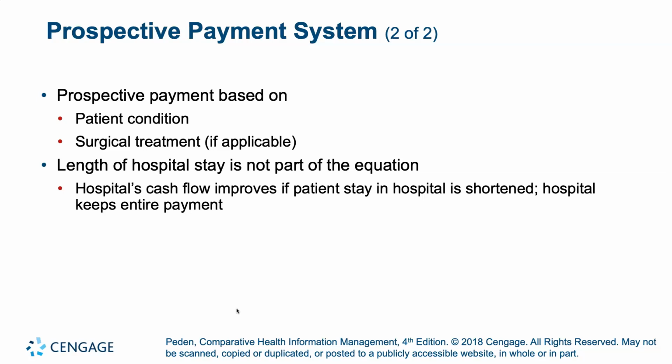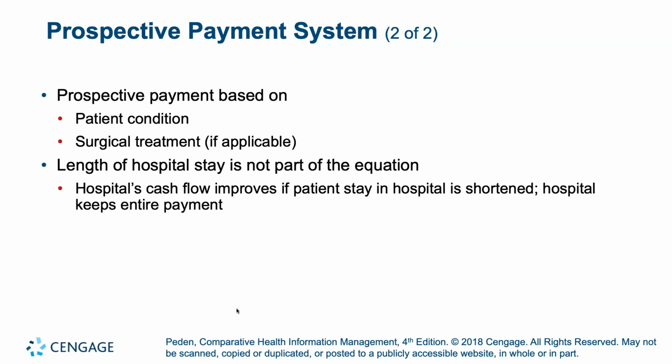Again, a hospital, let's say Hospital A on the east side of town takes care of a patient with pneumonia, and they keep the patient 3 days. Then you have Hospital B, let's say on the west side of town, they keep a patient with pneumonia in the same DRG for 5 days. Which hospital is spending more money and which hospital is making more money?